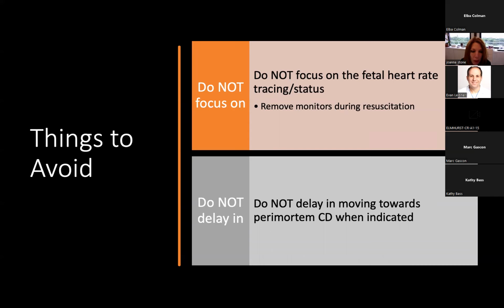And don't delay in moving towards a perimortem cesarean delivery where it's indicated. So again, that 4 to 5 minute timeline should be kept in mind, and that's why having somebody record the time of events is super important.